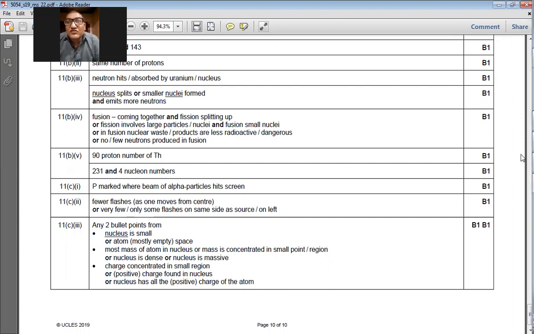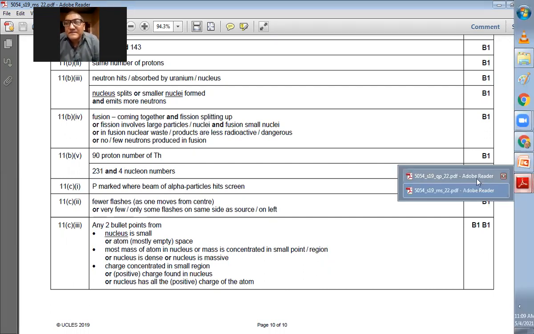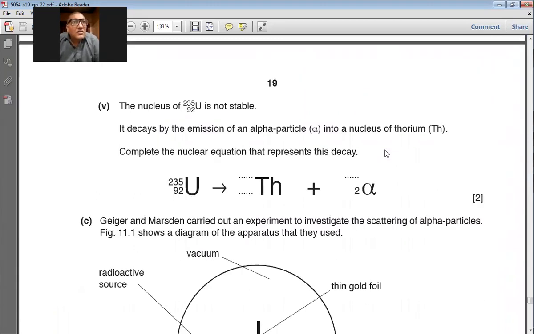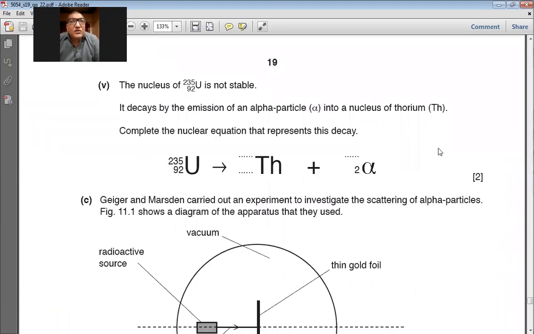So let's move to the next part. He says the nucleus of the uranium-92-235 is not stable. It decays by the emission of an alpha particle into a nucleus of thorium. Complete the nuclear equation that represents this decay. So here an alpha particle is given out.